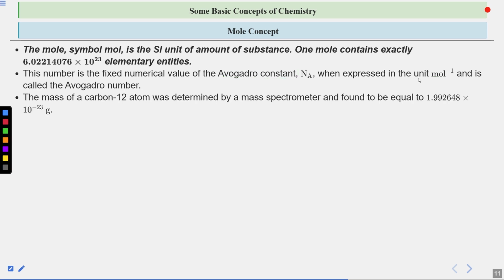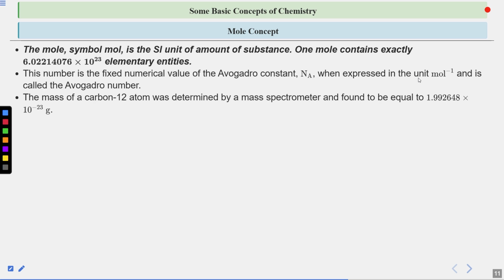Now, how do we get this N_A value? Again, this is in reference to the carbon 12 atom. So basically, what are we trying to do? We are trying to calculate the number of atoms in 12 gram of carbon, which is the numeric value of the atomic weight of carbon.